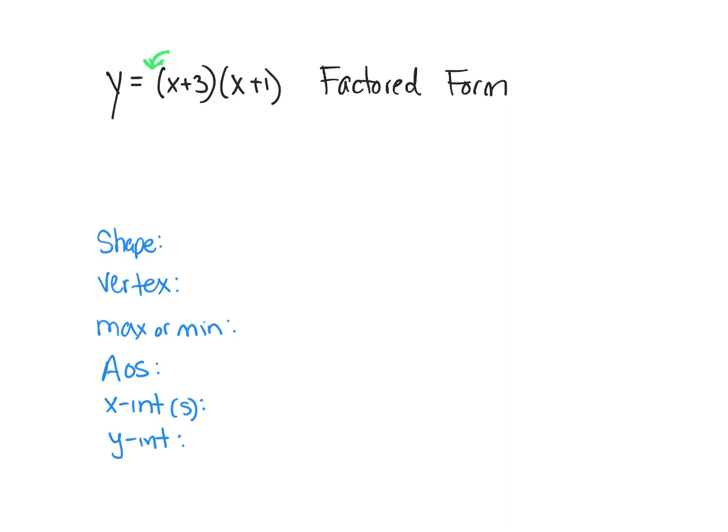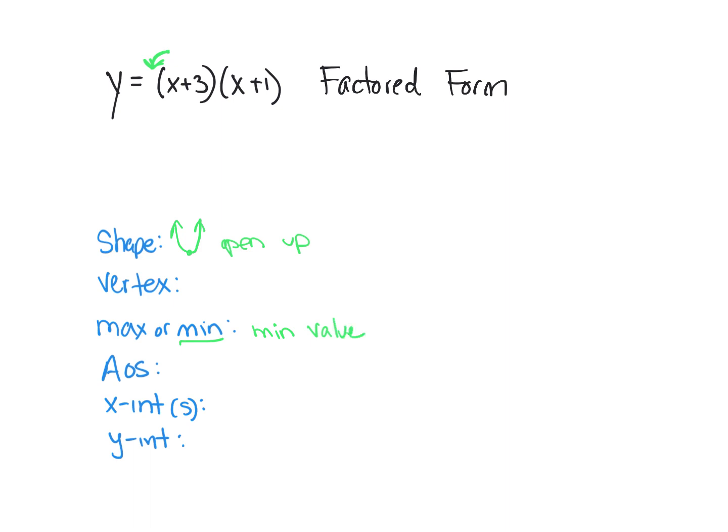If that a value is positive, then it's open up, and if the a value is negative, it is open down. So we already know that our shape is going to look like this, which we call open up. Now that also tells us that the vertex would be located here, and although we don't know that point yet, we do know that that point will be a minimum value.